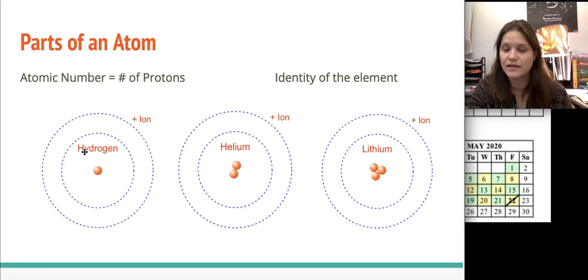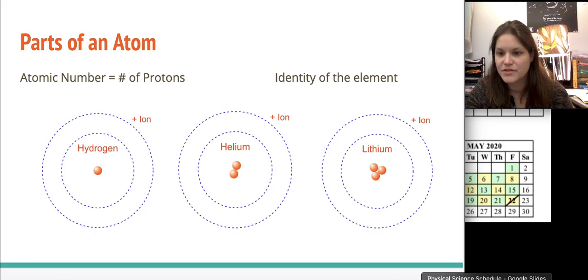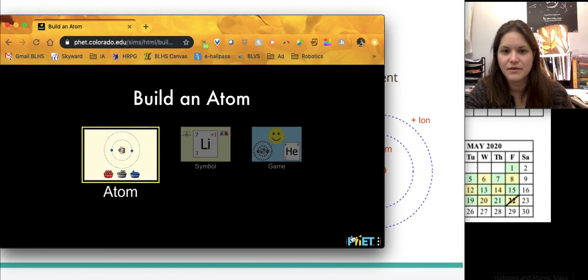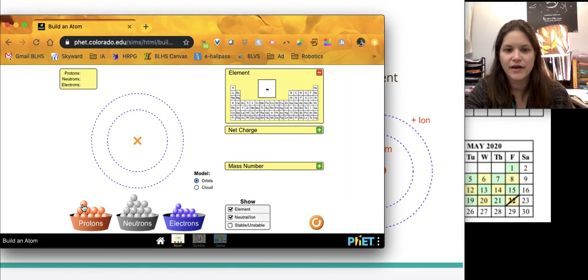It changes what element it is. So if we add a proton, we go from hydrogen to helium, then we go up to lithium, and then it keeps going like that. Which is like what we did with the Build an Atom simulation, where you guys drug in the protons, and you can see that the name of the element changes each time.